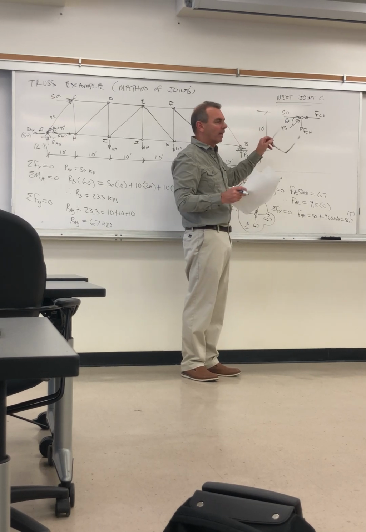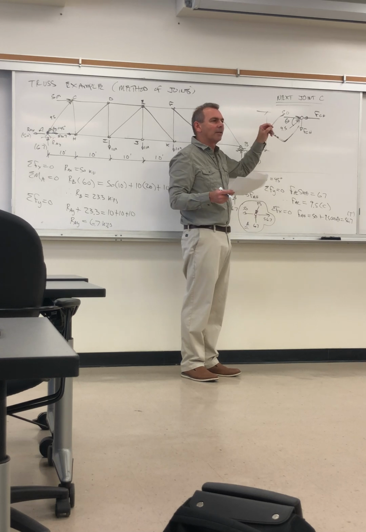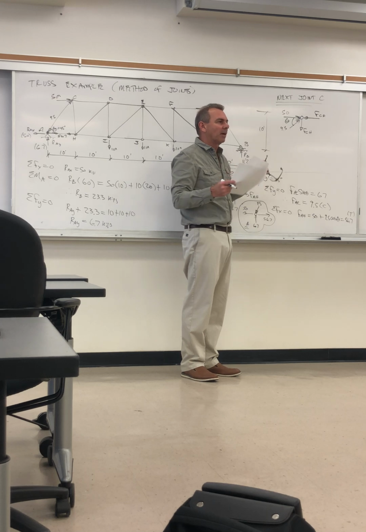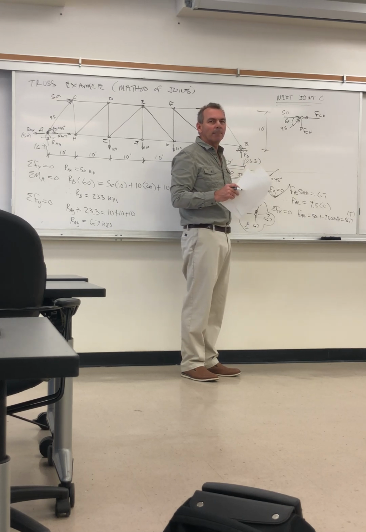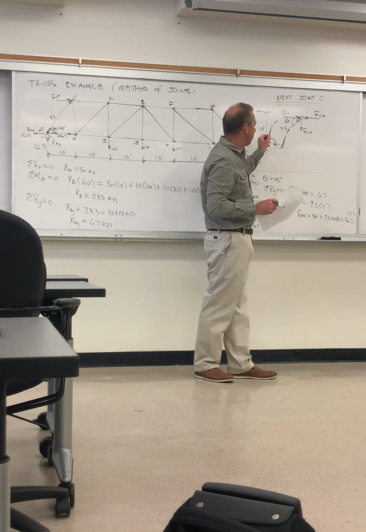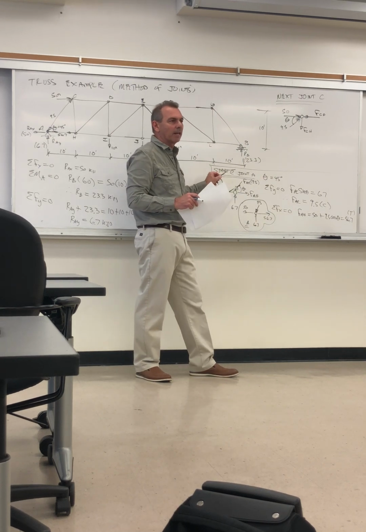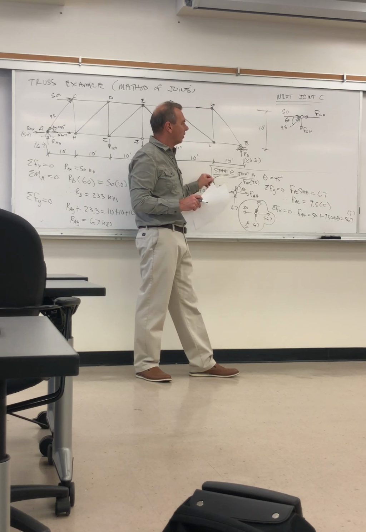And on top of that, you have to say, is the angle here or here? Because if you put the angle here, what you write as cosine would be sine, and what you write as sine would be cosine. So you have to be careful. So not just in your equations, like here where I'm writing sine and cosine, but that angle, the correct location of that angle, has to be shown on your drawing of the joint.